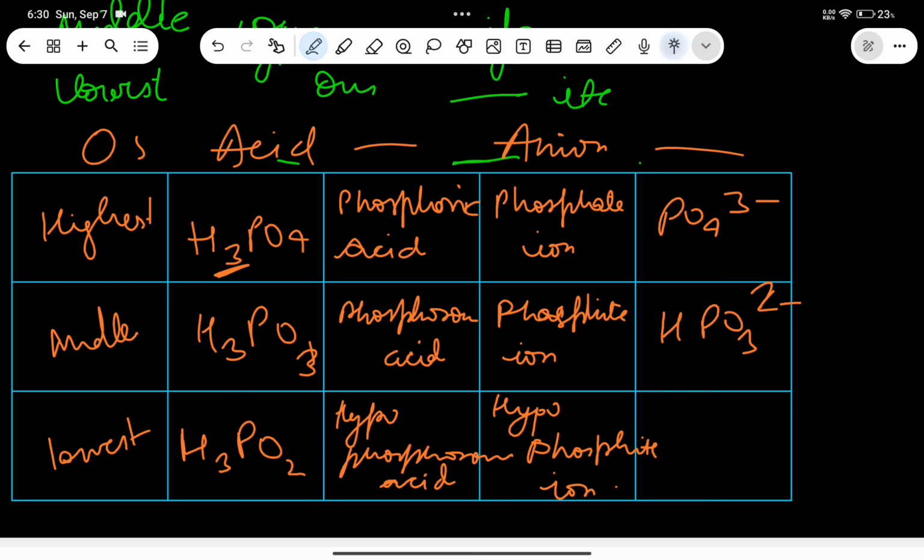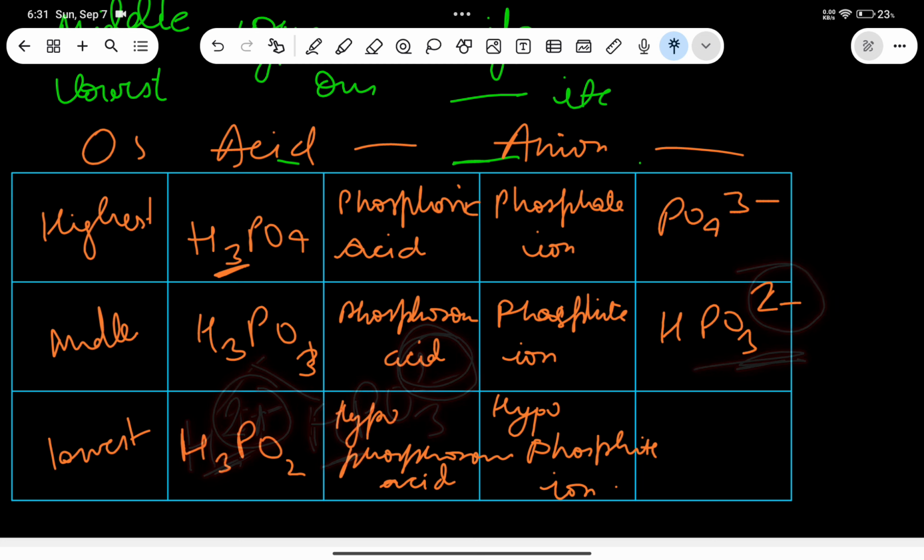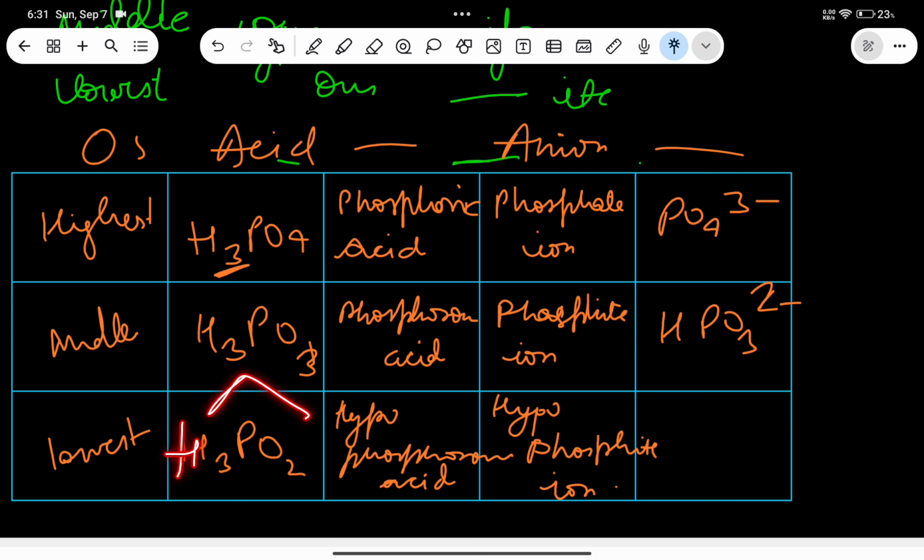Because this will be broken into H plus, and the rest of it will be HPO3 2 minus. Why? Because there are 3 hydrogens, so 2 hydrogens are removed as plus and 2 minus remains, so therefore 2 minus. Because only 2 hydrogens are removed, the basicity is 2, so 2 hydrogens are removed.